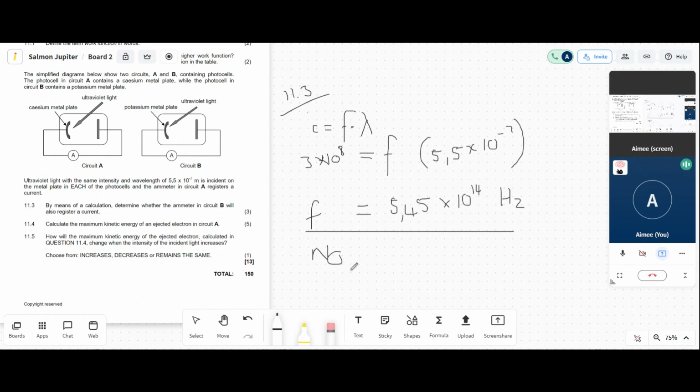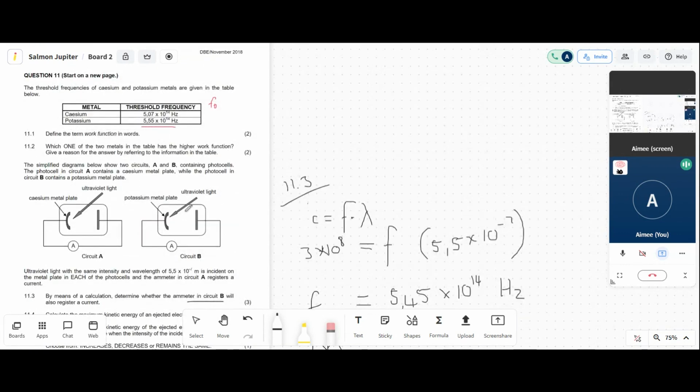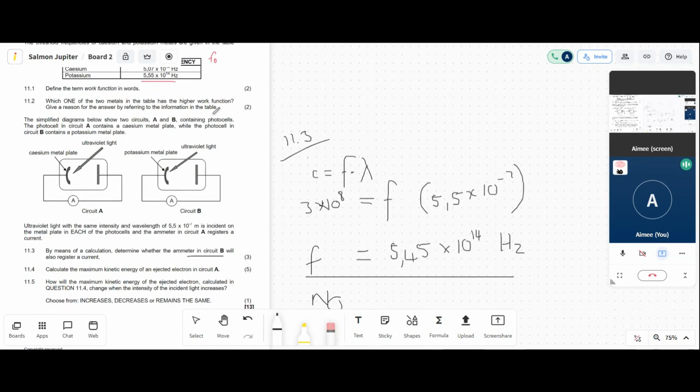The ammeter in circuit B will show no reading. Why? Because the frequency of light that's actually being shone on my plate is not of a high enough frequency to allow electrons to be emitted. So you can see this is the frequency of the light.